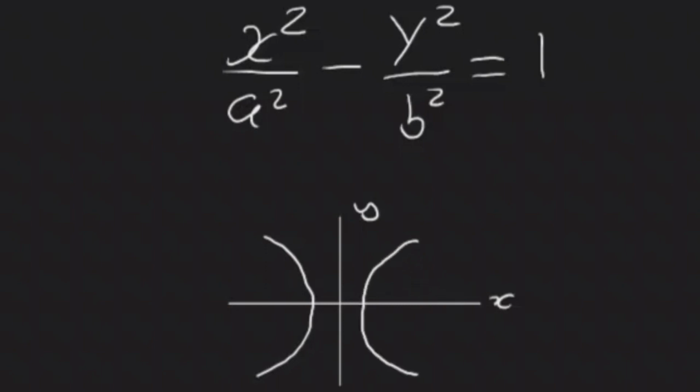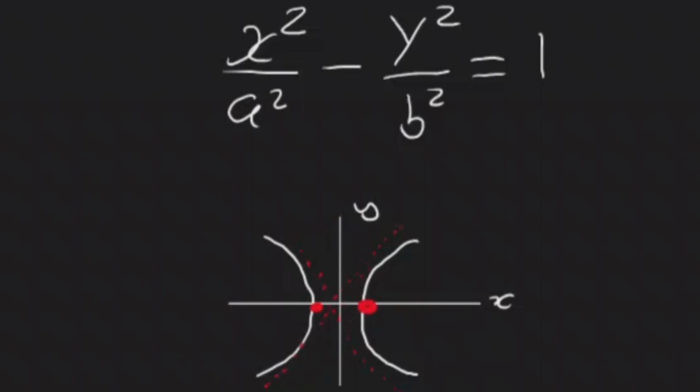Then there are two lines that are supposed to cross here from the origin going that way. I'm going to explain this later, but basically this graph is supposed to look like this.